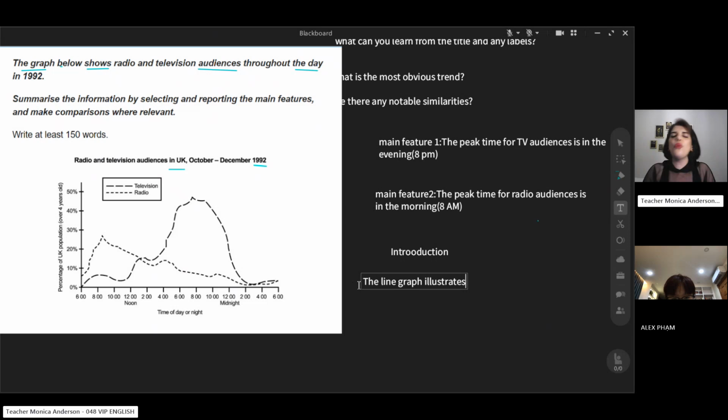There are different words, as we discussed before. Illustrate, demonstrate, depict, all of them mean show. So the line graph illustrates. Illustrate what? Radio and television audiences. I want to paraphrase it. How to paraphrase it? Radio and television.